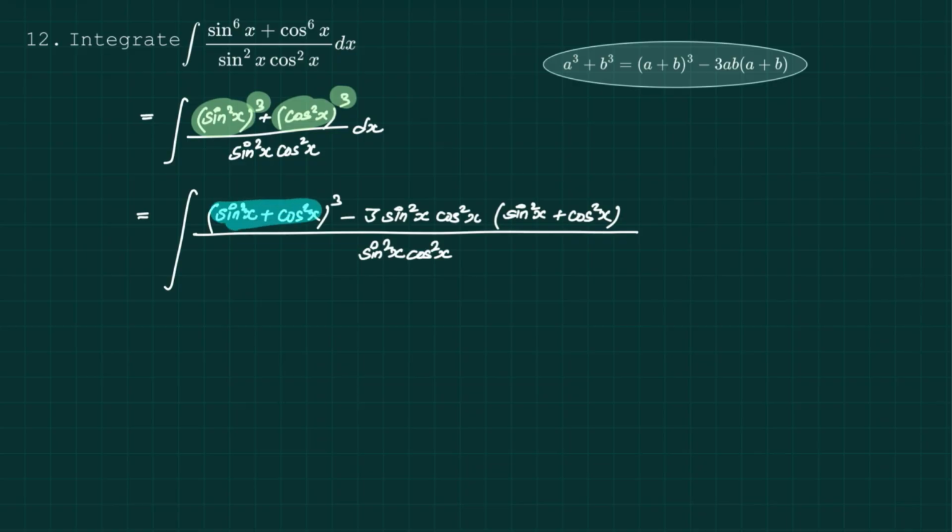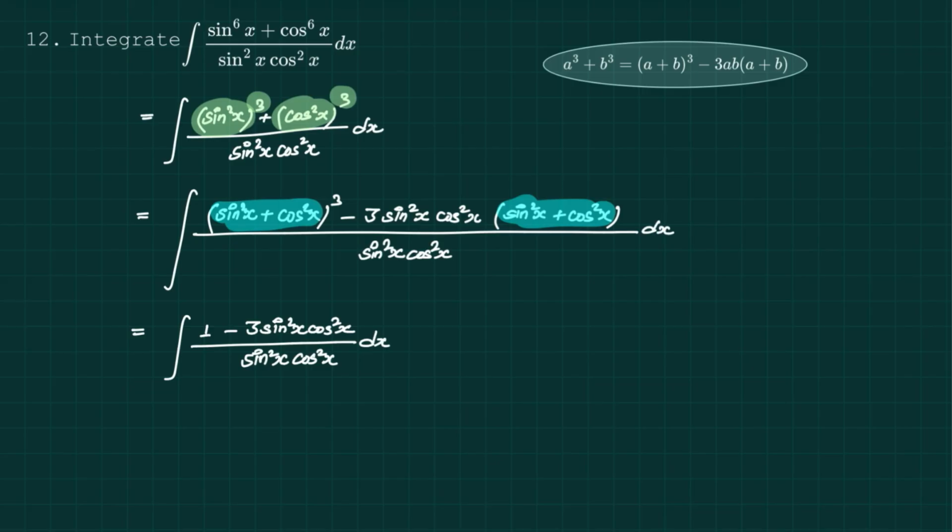Now since sine square x plus cos square x is 1, we will have 1 cube, that is 1, minus 3 into sine square x cos square x in the numerator, whole divided by sine square x cos square x dx. So here I forgot to write dx.